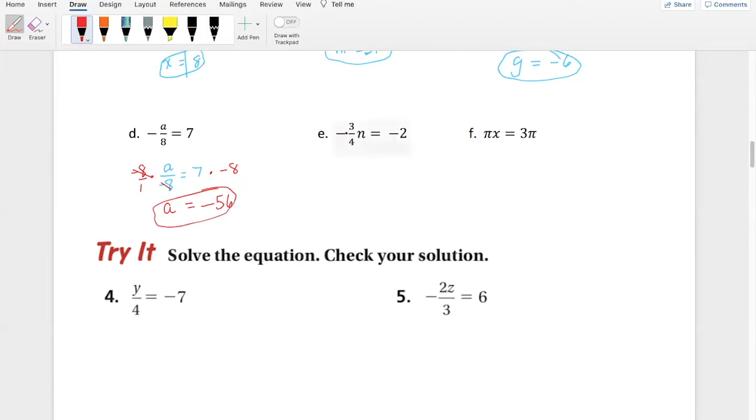All right, this one looks like a fraction. We didn't really mention it with our inverse operations, but one way to cancel out a fraction when you're multiplying is that we can use the reciprocal. So on this one, we want to cancel the negative 3/4 by multiplying by the reciprocal.